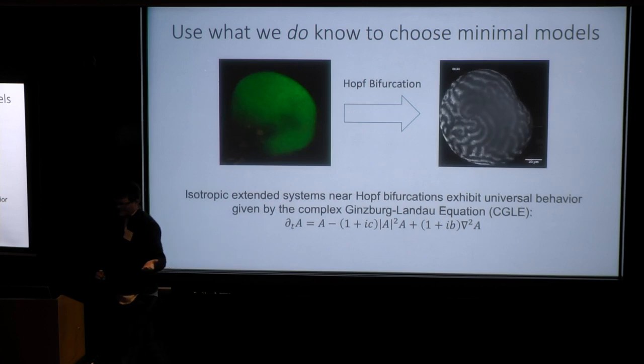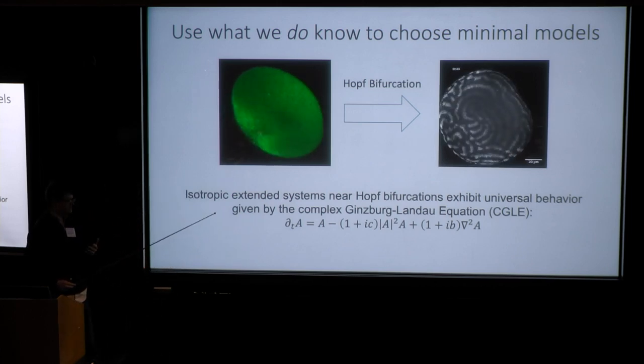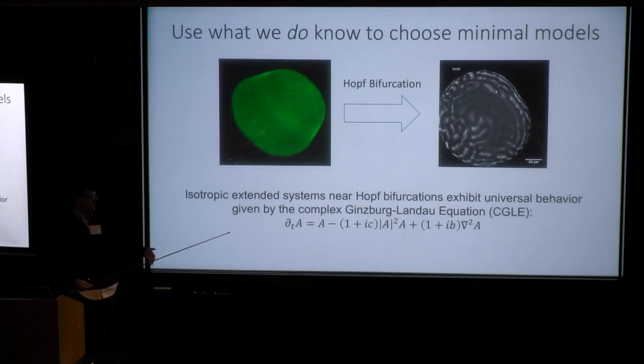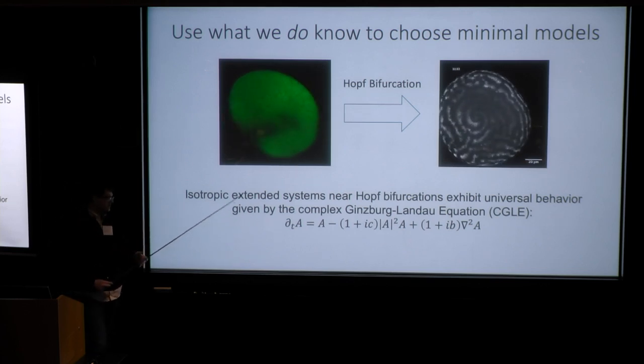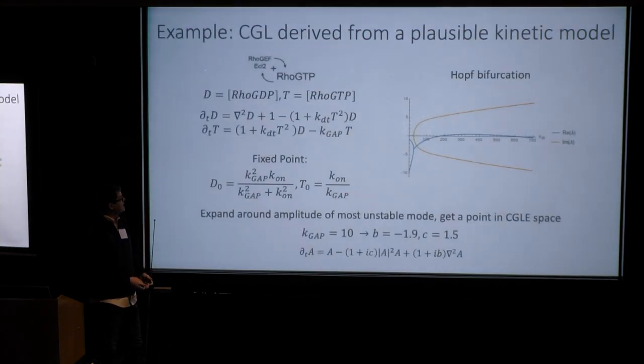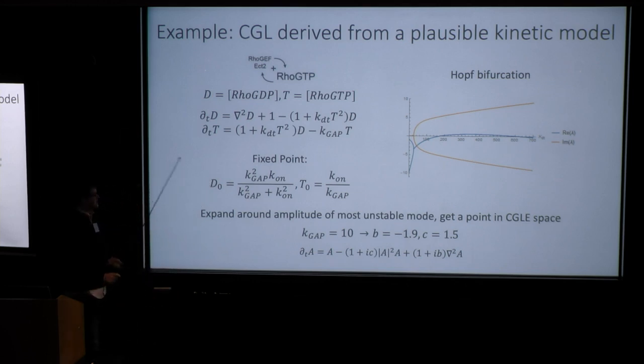And as many of us know, there is a good universal model for the behavior of an isotropic system near a Hopf bifurcation. And that's the complex Ginzburg-Landau equation. So for a given reaction diffusion network, you can map this to a complex Ginzburg-Landau. Say you take this one, just imagine we have our Rho GTP and there's some positive feedback loop with Rho GEF, this enzyme.